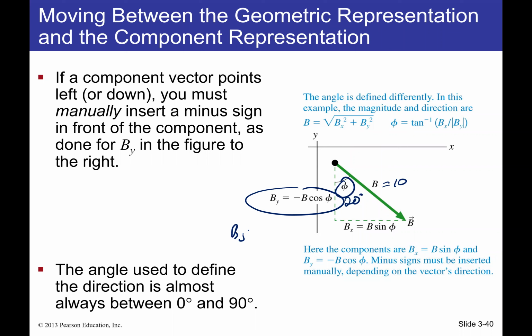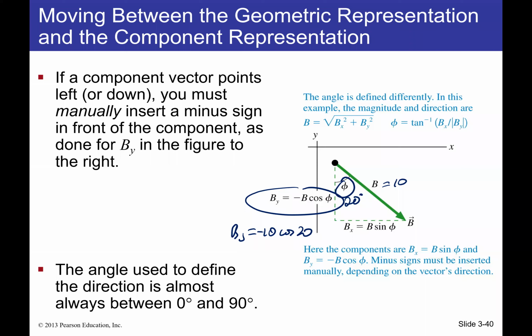Then By equals 10 cosine of 20, which technically will give me a positive value. In order to avoid making mistakes, you just manually put the negative. This is what you should always do if you're given theta with respect to some of those local coordinates, in this case the negative y-axis. You can avoid doing this by always taking the angle, or the direction of this vector, with respect to the positive x-axis.